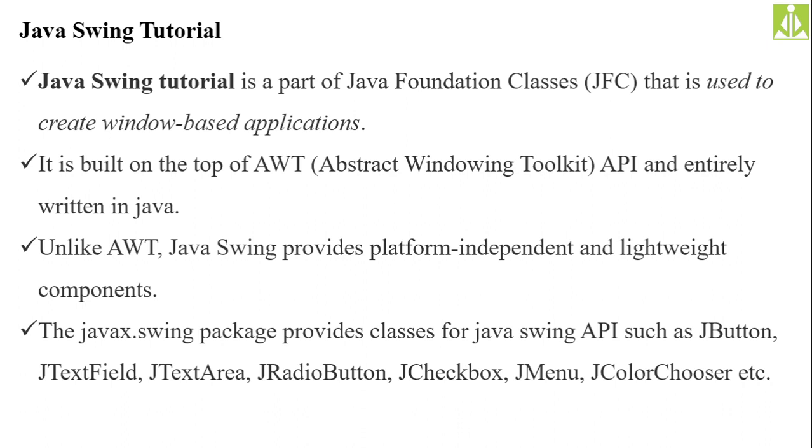Using this Swing, we're going to implement GUI based applications. We already have this AWT in hand, then why are we going for this Swing? Because Swing is very much advantageous when compared with this AWT, Abstract Window Toolkit.